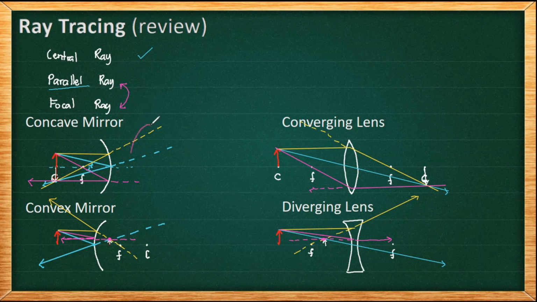These broken dashed lines are what we call virtual rays. They're not the real reflected or real refracted rays. So these are your real rays here.